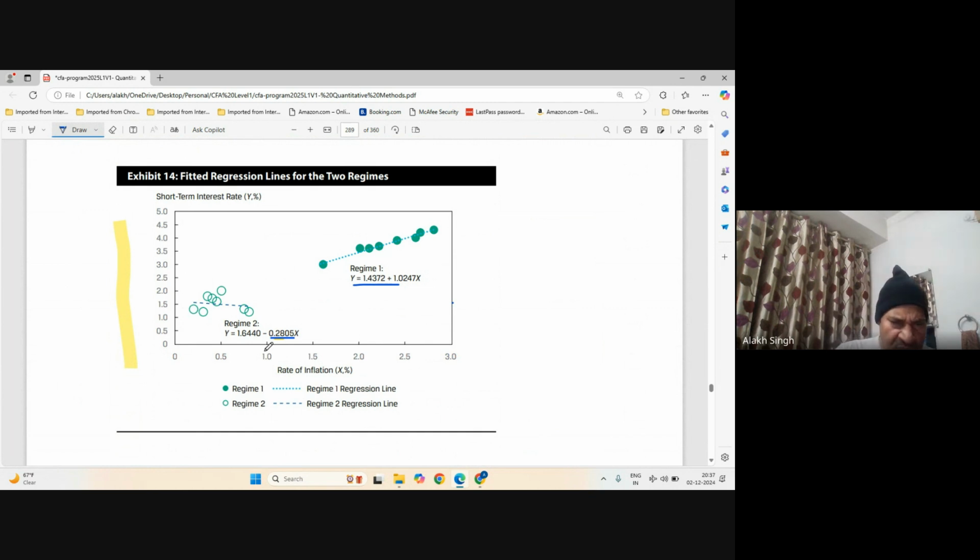Which model is wrong? It looks like model 2 is wrong, because if inflation rises, then the interest rate should go up. And here the interest rate has gone down. So this policy looks wrong. But anyway, this is the period of low inflation, so it doesn't matter because this is still less than 2%. Here it matters. Here it means that as inflation increases, the Fed is increasing short-term interest rates.